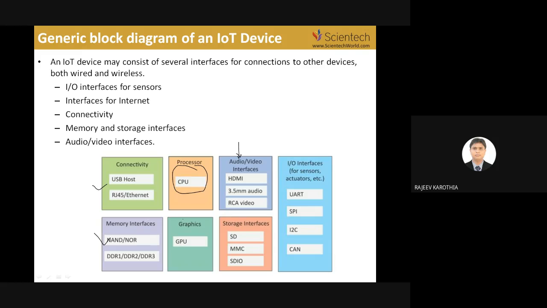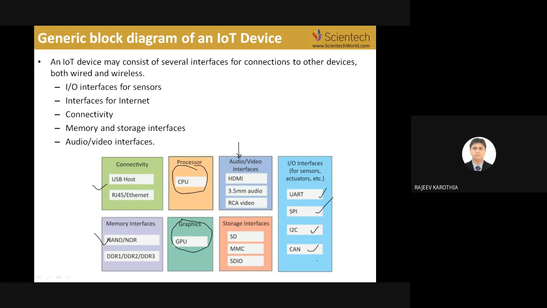Again, a graphics card should be there if you have an application relevant to vision or image processing. You should have some kind of I/O interface so that you can interface your sensors and actuators. Along with these, important communications, so that if you want to communicate with the external world, you should have UART, SPI, I2C, CAN.